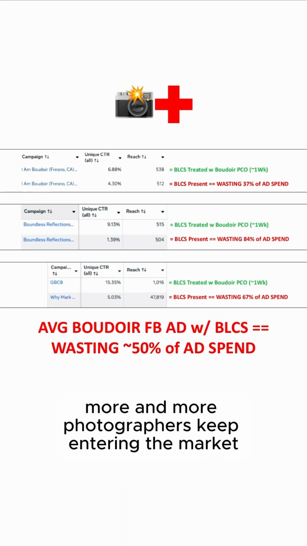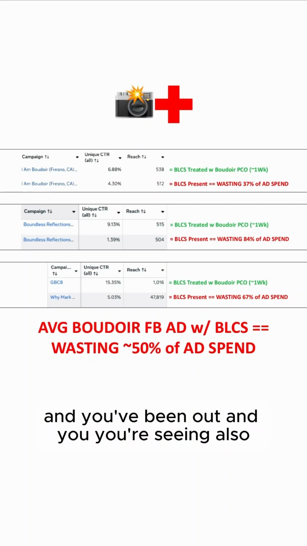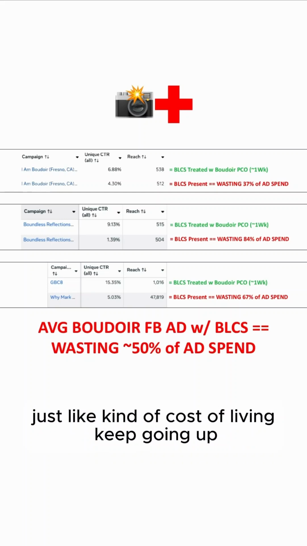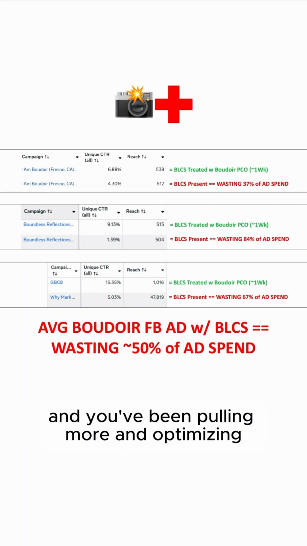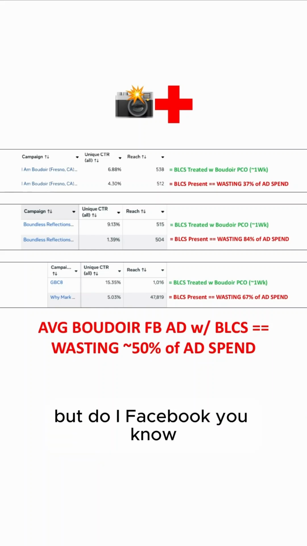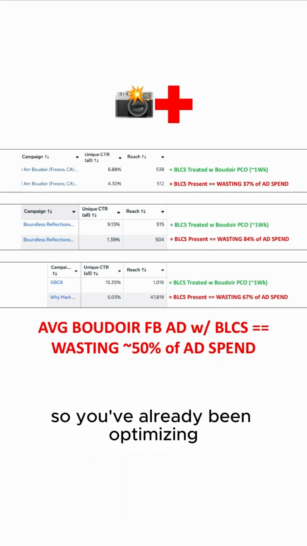So more and more photographers keep entering the market, and you're also seeing inflation, cost of living going up and up, and you've already been optimizing, pulling more profit out of your business in other areas.